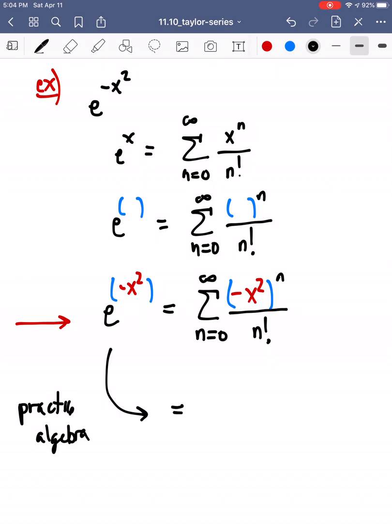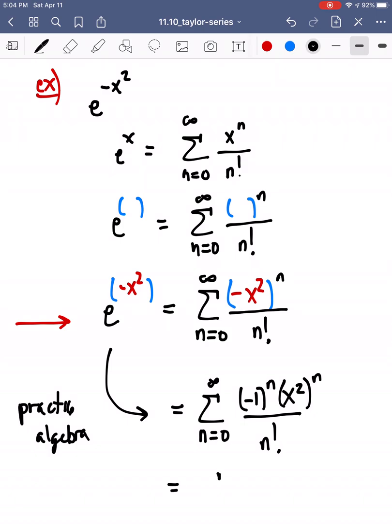And well, inside of this series, we have a product of -1 and x squared, all raised to the nth power. So we could actually separate that and write it as a -1 to the nth power times an x squared to the nth power as well.